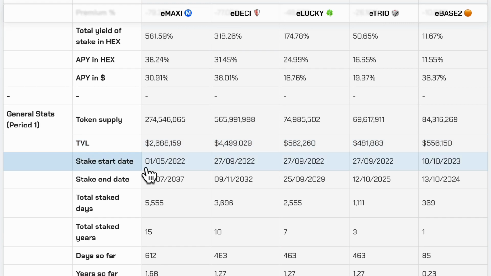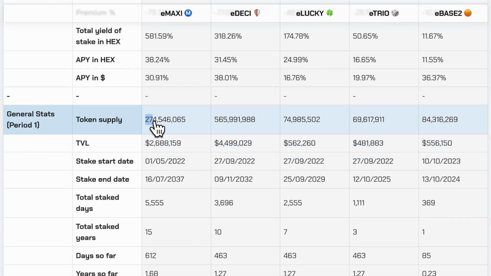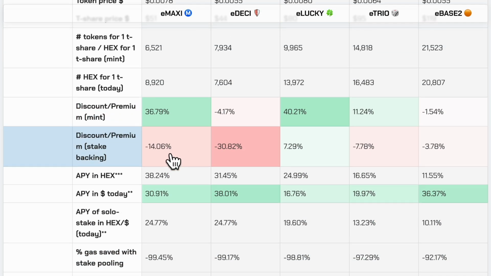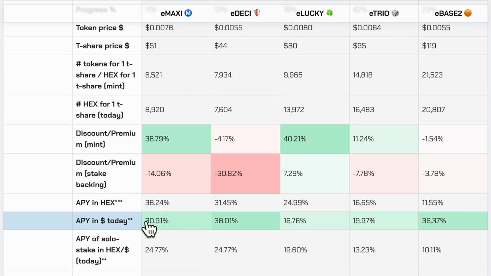So whenever we're looking at supply numbers, I'm using the new supply without the burnt coins. So any APYs for MAXI, any other calculations, will be slightly higher than they should be if those coins hadn't been burnt. So I hope that's helpful.